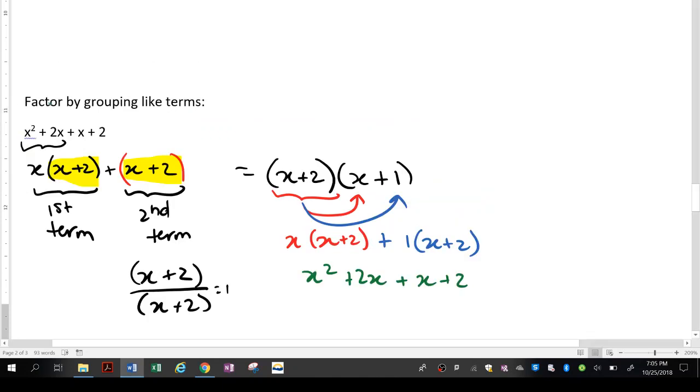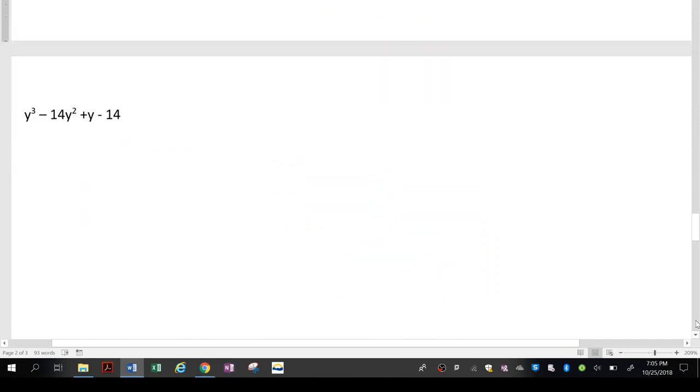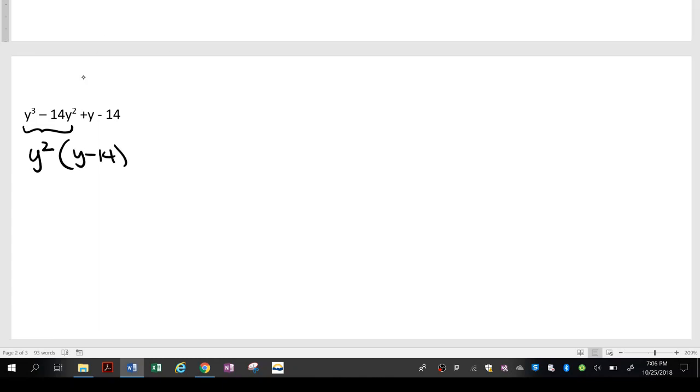Okay, let's look at another example of that. In this example here, if we look at these two terms first, these two terms have a common factor of y squared. So let's go ahead and factor the y squared out of these two terms, and that leaves us with y minus 14. Now you'll notice here, we also have a y minus 14. I'm just going to write that down here.